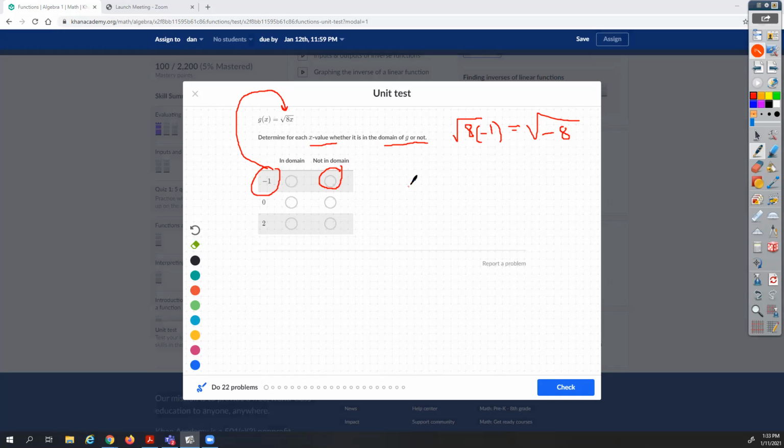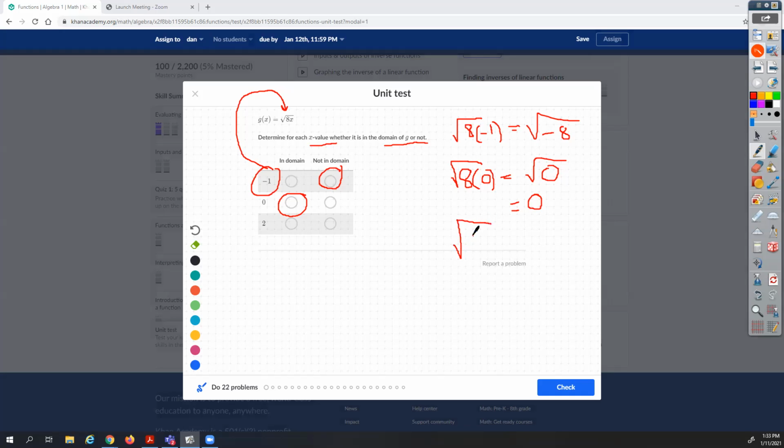We'll repeat the same process over here. We'll plug in the 0 for x, 8 times 0, which will give you the square root of 0. And the square root of 0 is in fact just 0. So this one is in the domain. And we'll do the same thing here.